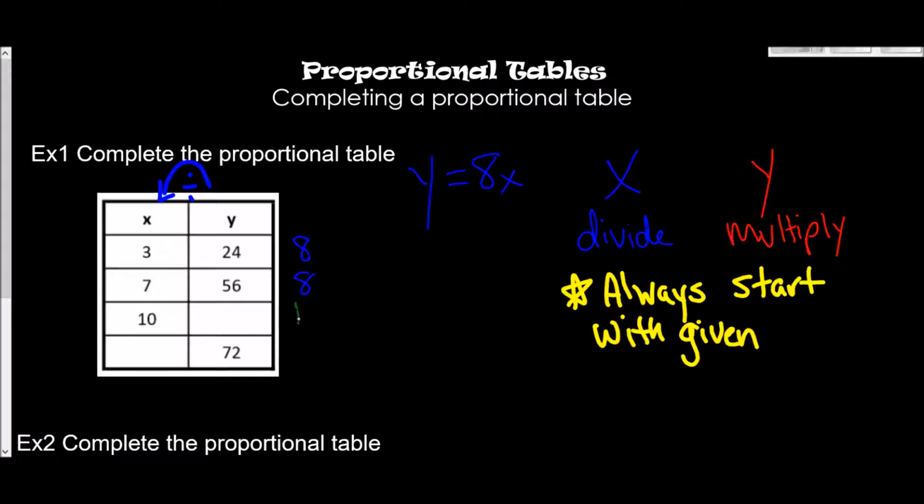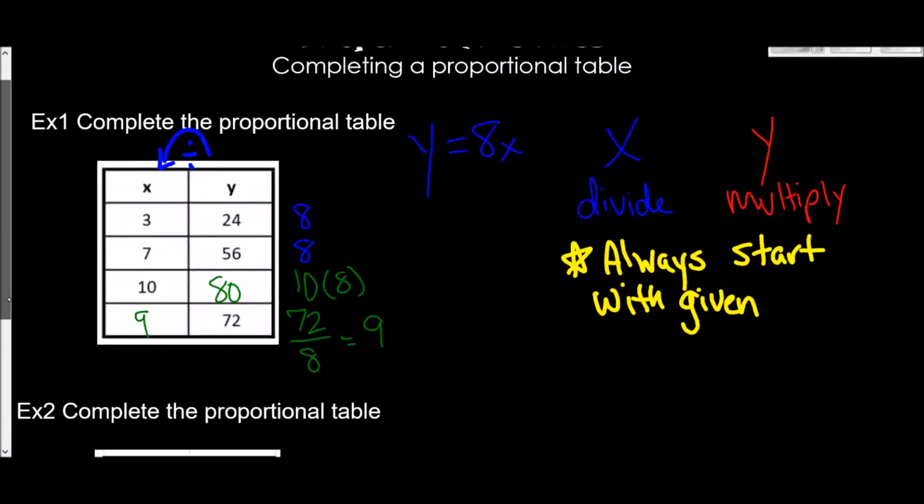They gave me a 10, and I need to multiply it by the number in my equation, which is 8. 10 times 8 is 80. In this case, I'm missing an x, which means I have to divide. My given number was 72. Divide that by the number in my equation, my 8, which gives me 9, and my table is complete.